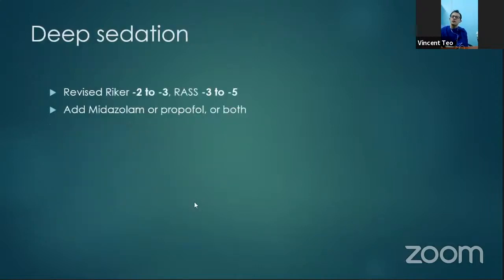So deep sedation, as I mentioned earlier, is basically with the aim of a Riker of -2 to -3 and a RASS score of -3 to -5. To achieve deep sedation, what is generally used is midazolam and propofol, or a combination of both.